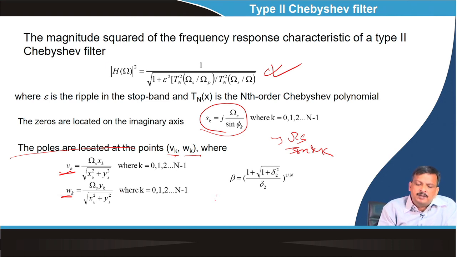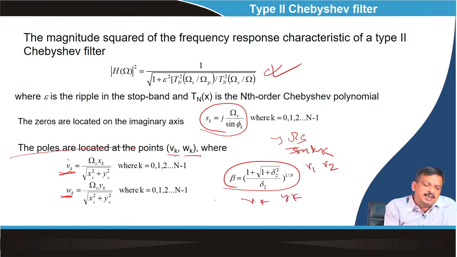Again you can say beta is equal to this one. So, if I know R1 and R2 from the beta, I know xk, yk. Once I know xk, yk, I can say vk, wk are calculated.